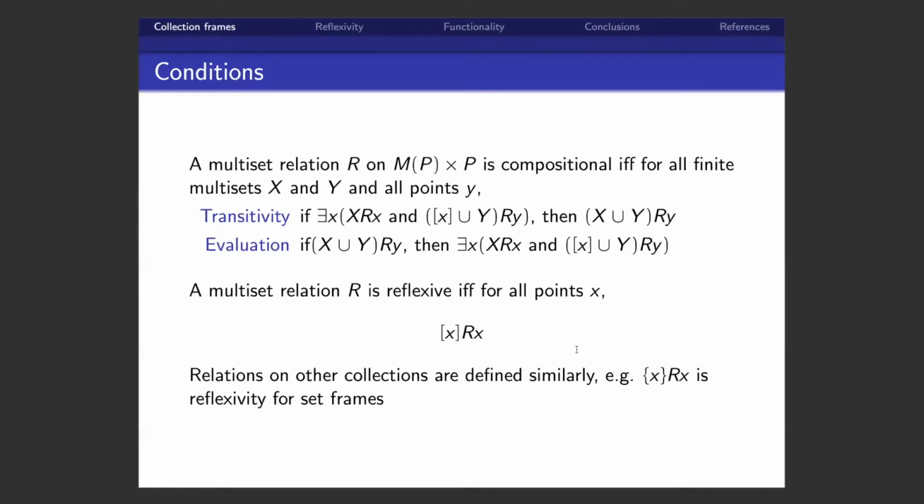To define reflexivity for set relations or set frames, we just replace the multiset brackets here with set brackets, and instead of multiset union here, we use set union, with this being a set and this being a set.